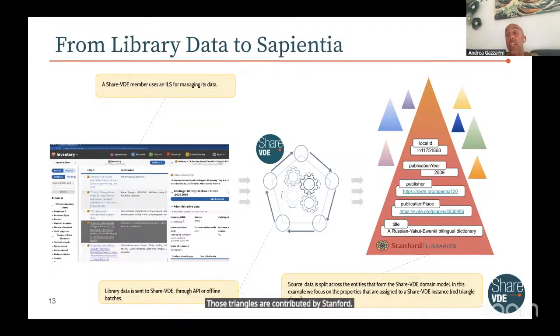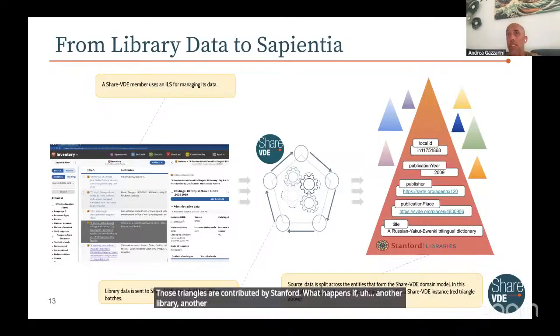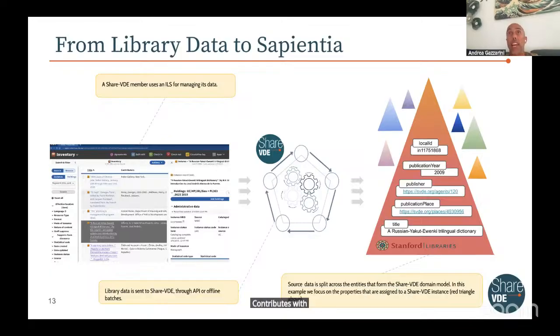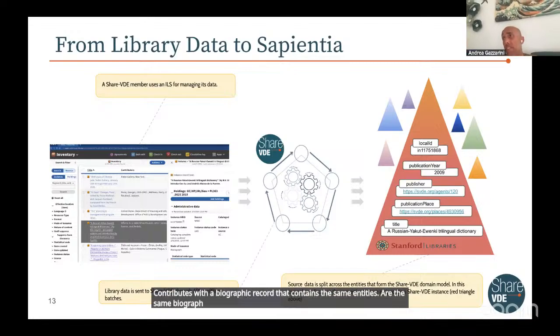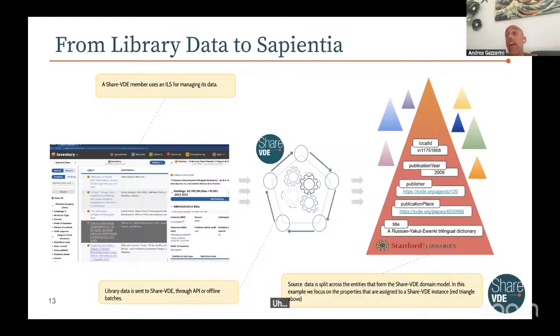What happens if another library, another participant, contributes a bibliographic record that contains the same entities or the same bibliographic record, the same manifestation? The same process will happen, and that library will create other triangles, but belonging to the same entities.